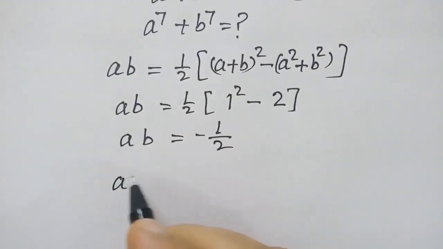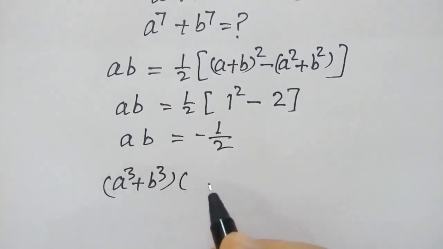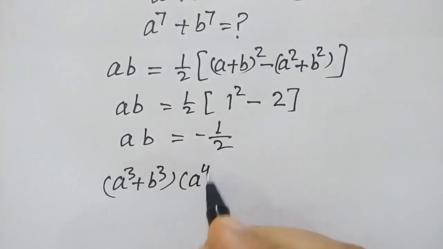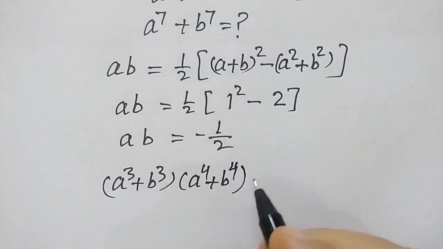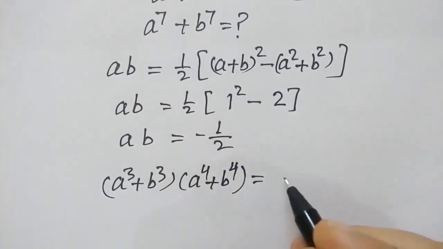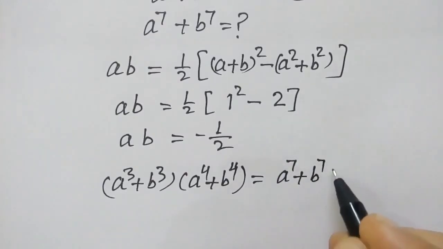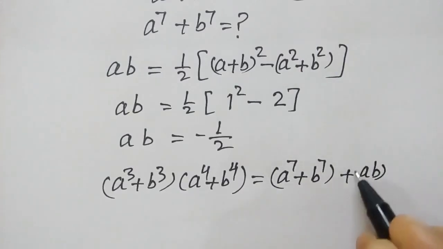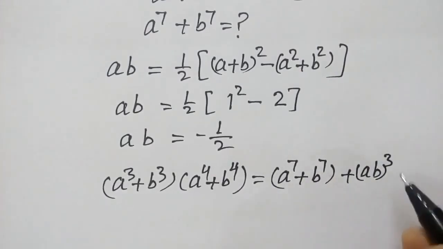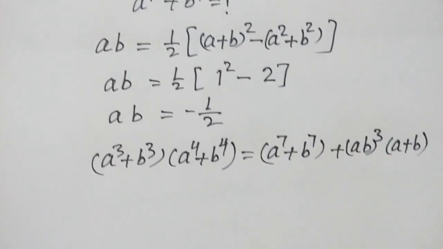As we had, (a cube plus b cube) into (a to the power 4 plus b to the power 4) is equal to a to the power 7 plus b to the power 7 plus (ab) whole cube into (a plus b).